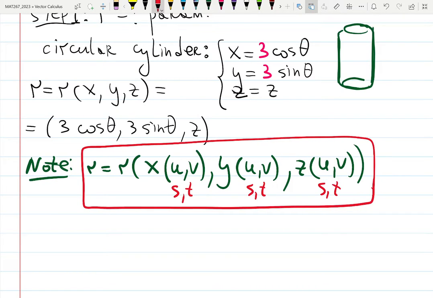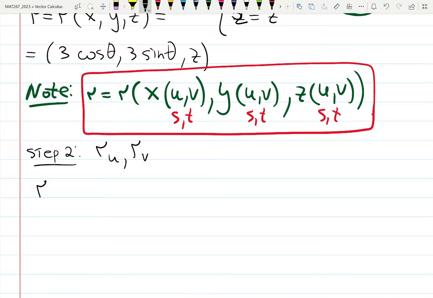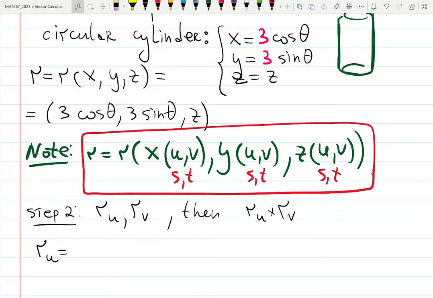Because step 2, we're going to take derivatives with respect to each variable. So step 2, find the partial derivative with respect to u and with respect to v. Let's do that. Partial derivative with respect to u, and then cross product, because that's why we're doing all of this. Partial derivative with respect to u. I guess let's rewrite it then.